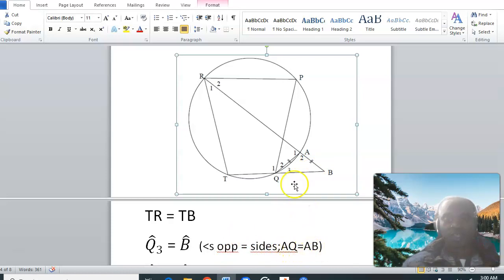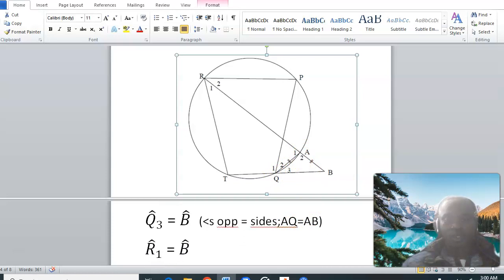AQ is equal to AB. Then R1 is equal to B, because we already know that Q3 is equal to R1 and also Q3 is equal to B. We proved that. So R1 is equal to B.